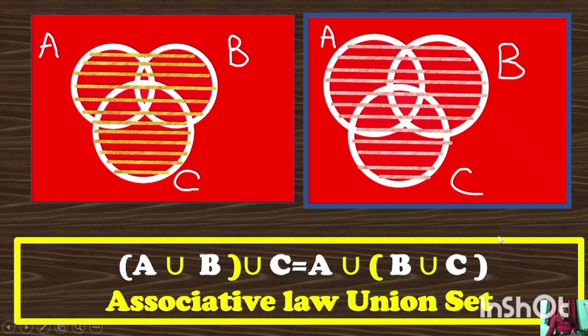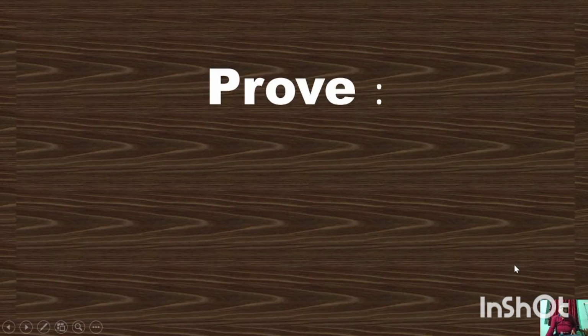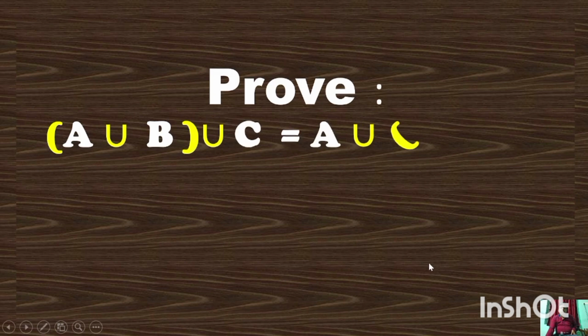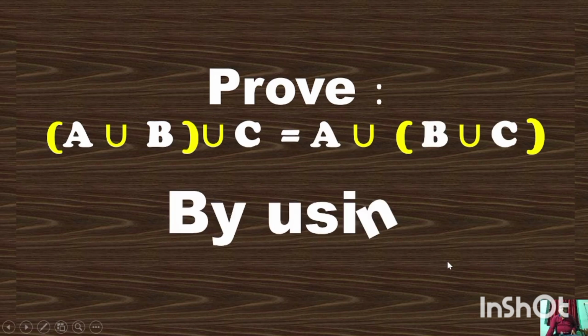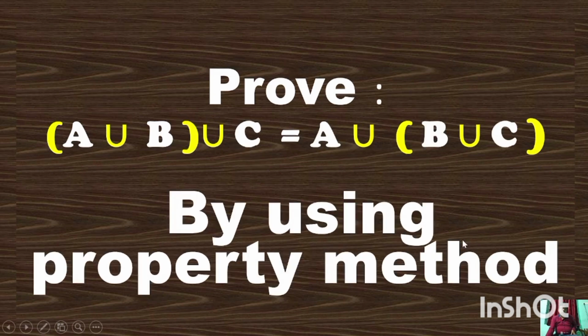Once again, look at it. Similarly, we can prove it another way. See, how can we prove it using the property method also. See how we can use different methods to prove the concepts and properties of set theory. This is very important. I have prepared this for you in every concept for your understanding. These different methodologies are inevitable.